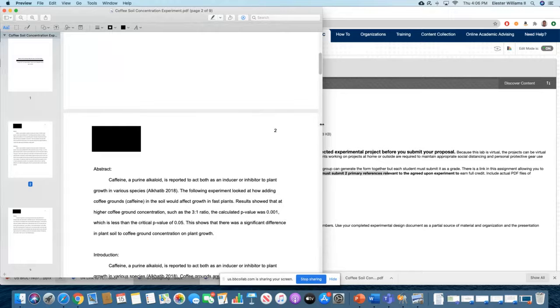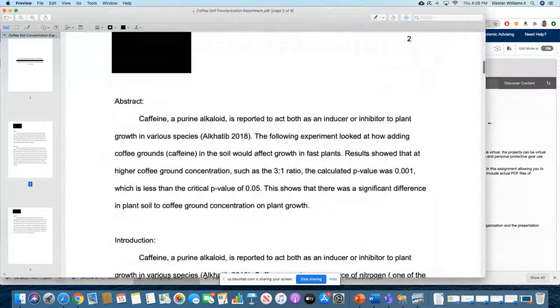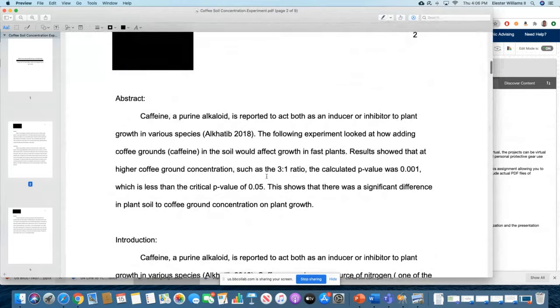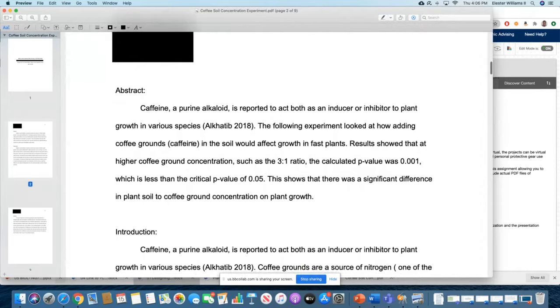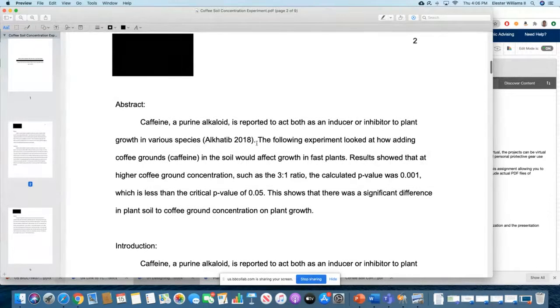Here they have a pretty concise abstract. They don't really talk about in the abstract any of them what they actually measured. I'm assuming they measured something like plant height, but they don't actually tell me in the abstract.